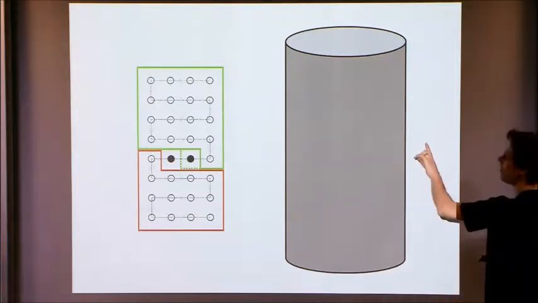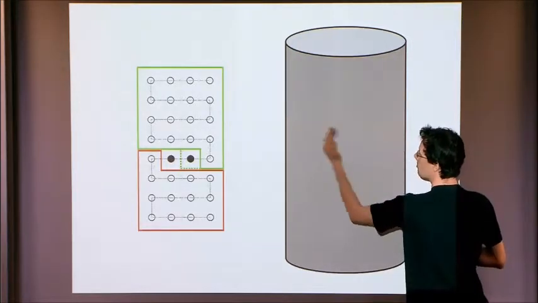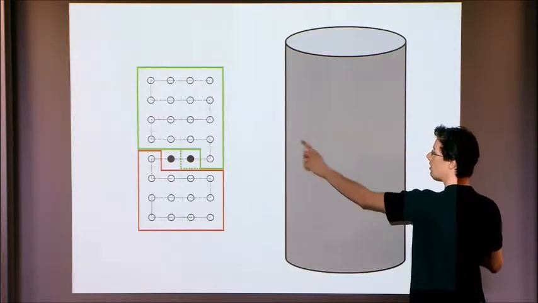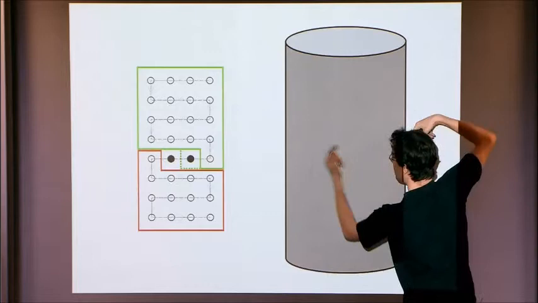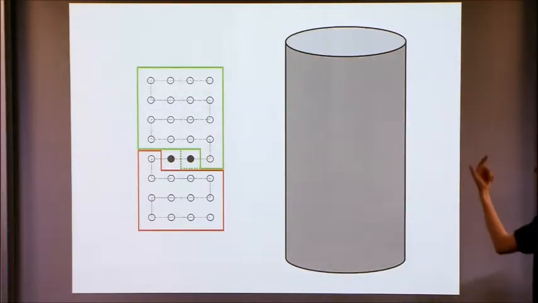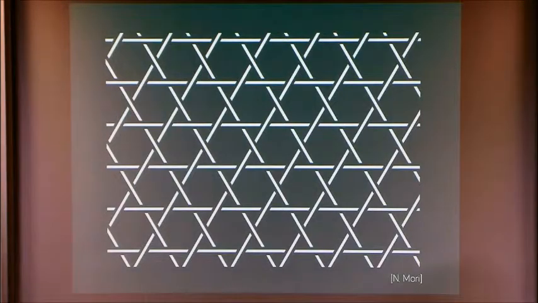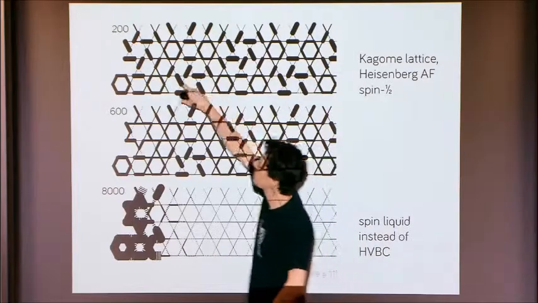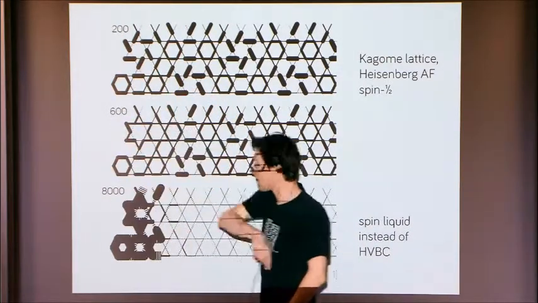So for example, stuff has been calculated on cylinders that are very long, but where the diameter, or circumference, is small. Like on a Kagome lattice, that's really something that appears in condensed matter a lot. And what's been calculated is that the number of states that you keep is 200, 600, or 8,000.